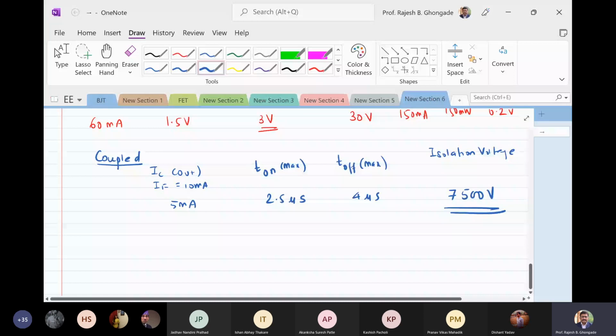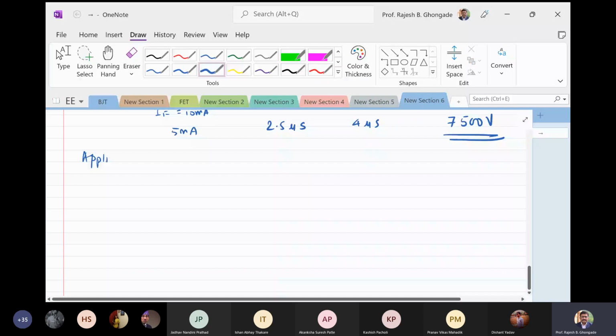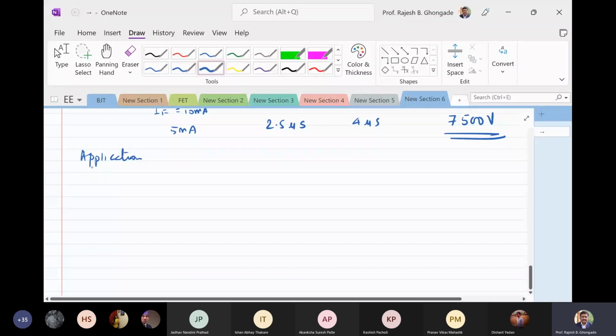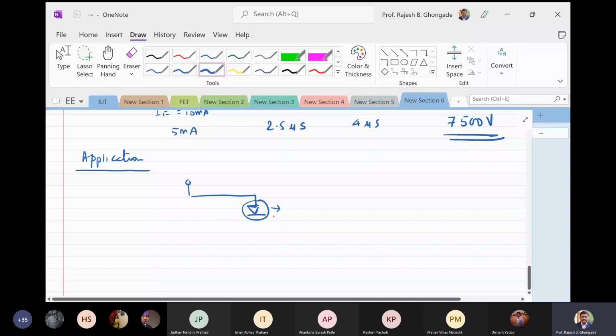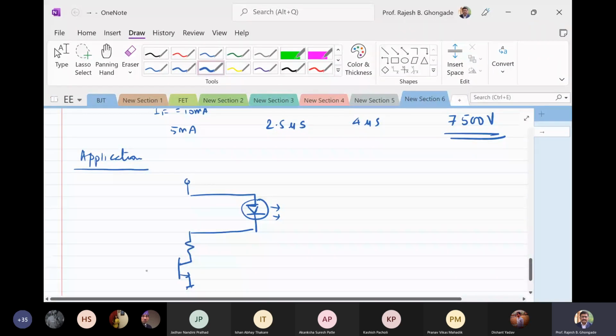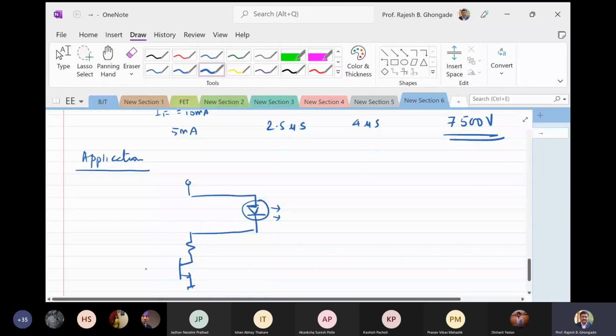If you look at the application, I'll just put a different one. So this is the LED. I will drive it with a transistor like this.